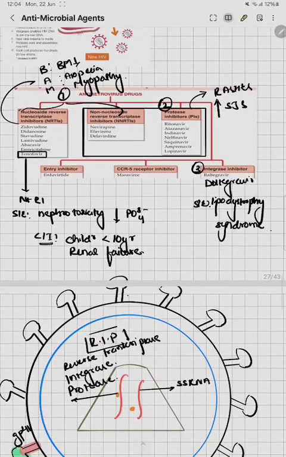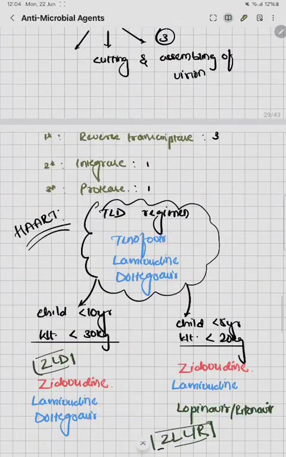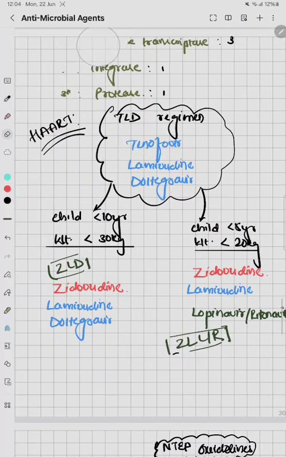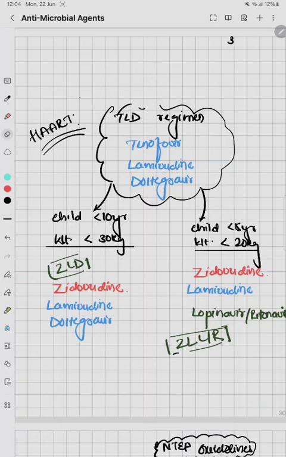Now moving on, we can talk about the drug regimens. The most commonly used regimen is the TLD regimen, which consists of tenofovir, lamivudine, and dolutegravir. Again, tenofovir is contraindicated in children less than 10 years.